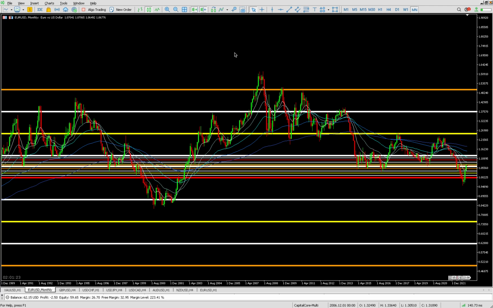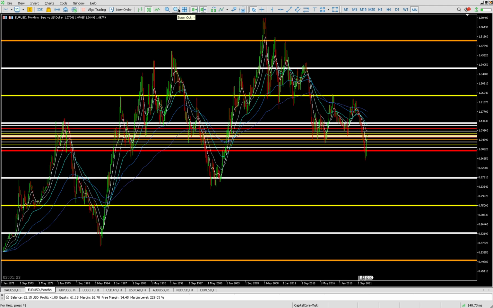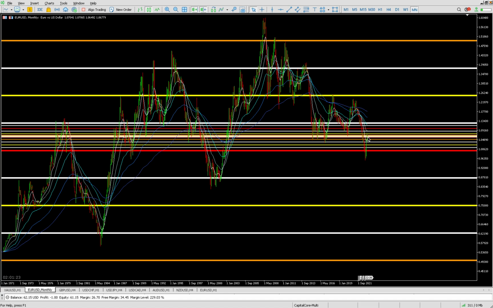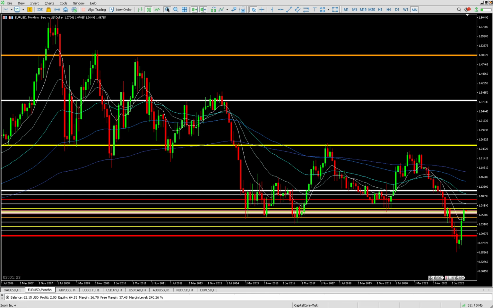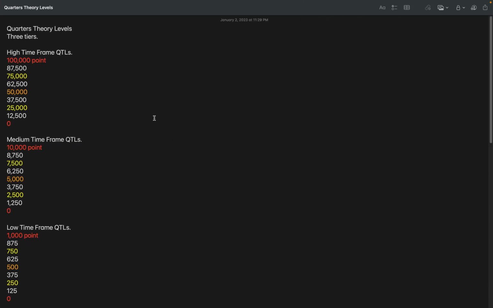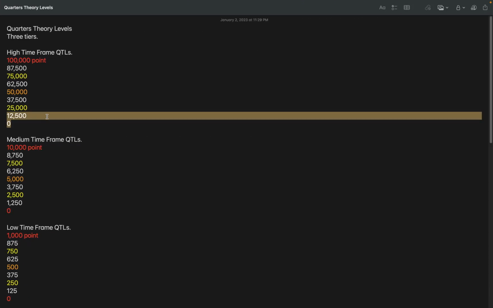Over here we have the actual application in reality. Between here and here is 100,000. But we know price is right here, so we need to zoom in between 1.0 and 1.125. So on here, that would be basically this zone.